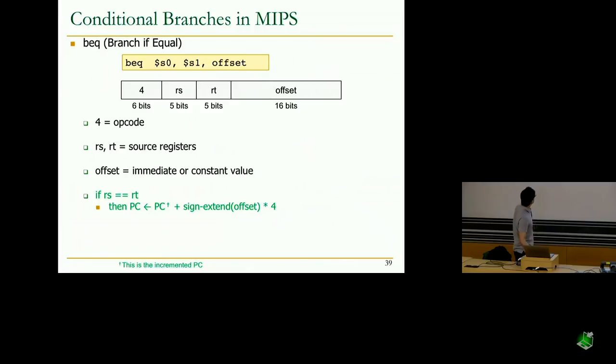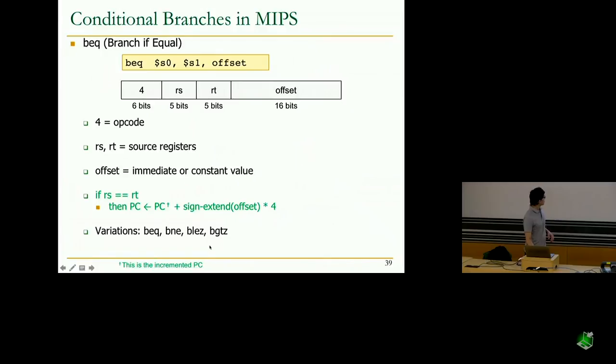Yeah, so the interesting thing here is that with this BEQ, we are not evaluating any condition codes. What we do here is directly comparing 2 registers, RS and RT, and we take the branch or not, depending on the value of these registers. There are variations.